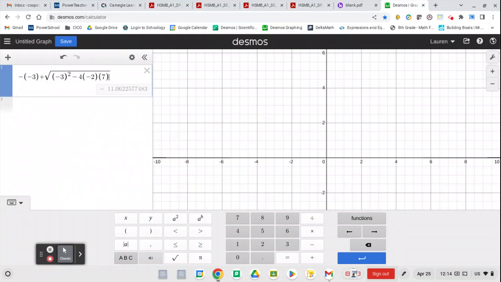It might be kind of a long decimal. That just means it's an irrational number.